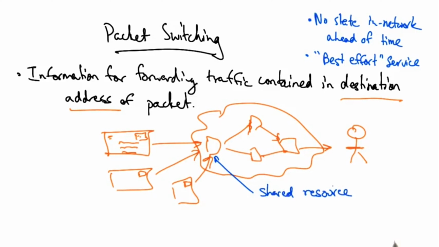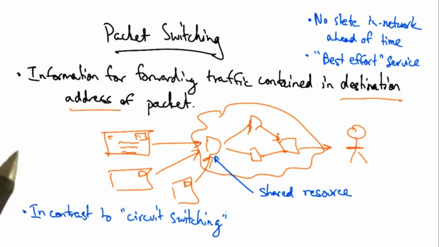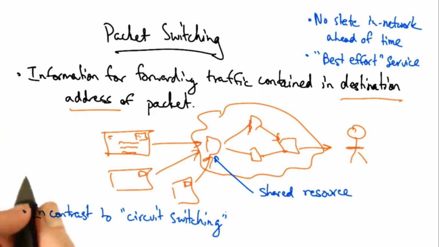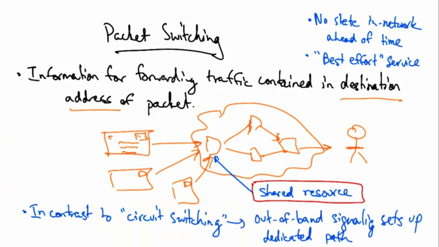Now this is in contrast to the phone network, where if you were to make a phone call, the resources for the path between you and the recipient are dedicated and are allocated until the phone call ends. The mode of switching that the conventional phone network uses is called circuit switching, where a signaling protocol sets up the entire path out of band.